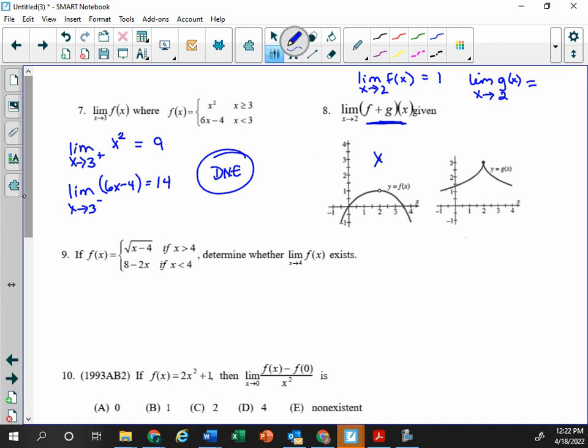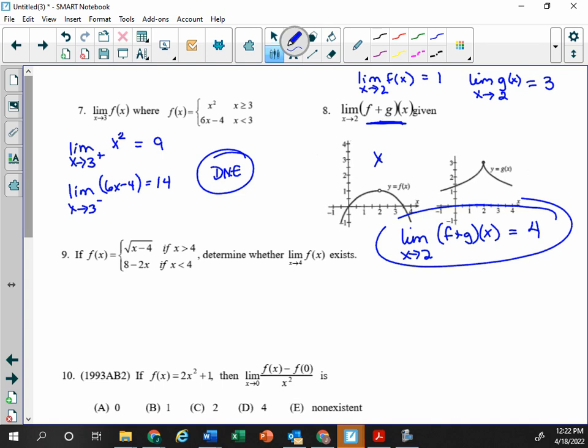All right, guys, then g of x is the other graph. What do you think the limit is as x approaches 2 there? 3. So I'll go down here. What is the limit as x approaches 2 of f plus g of x? 4. There you go. It looks really complicated, and it's just not.